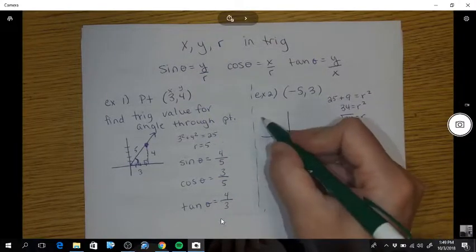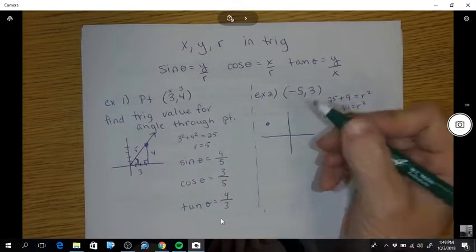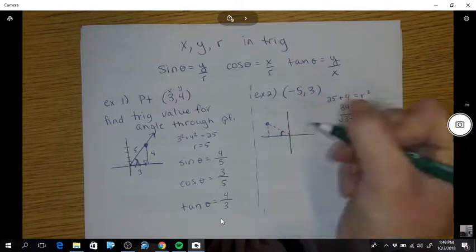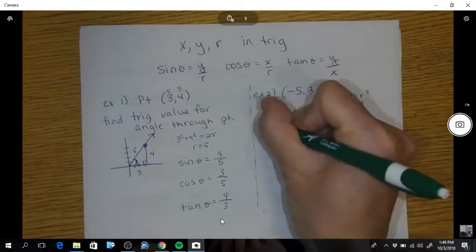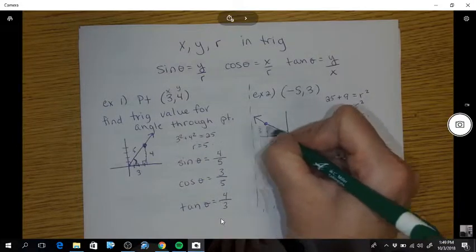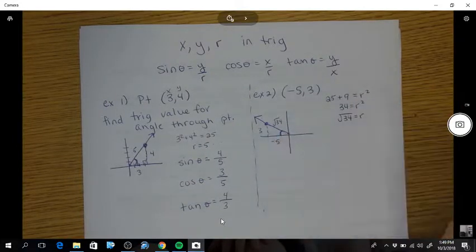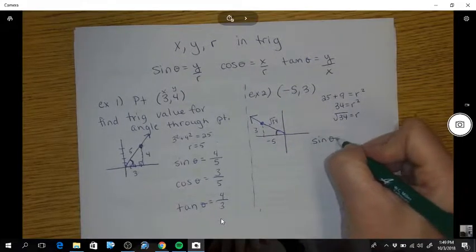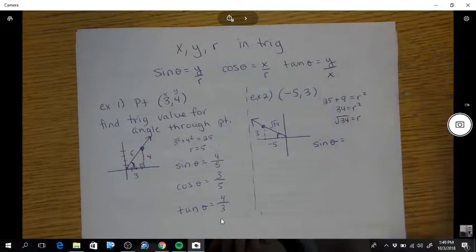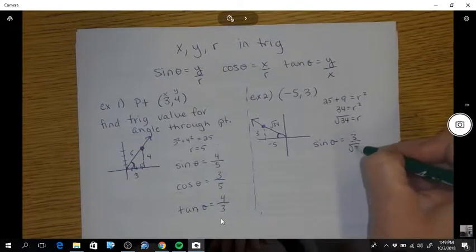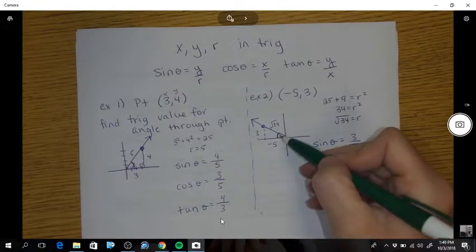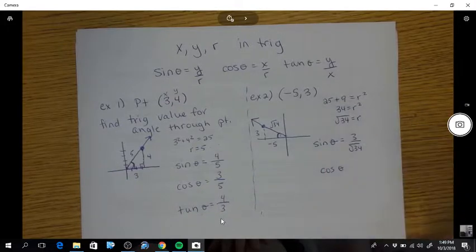Okay, so let's draw this out. -5, 3 would be up in quadrant 2. I'm going to draw a triangle. My angle is here. It's going through that point. This is a -5, this is a 3, and this is a root 34. So my trig values: sine is the y value, 3 over the r value, or you can do opposite over hypotenuse.